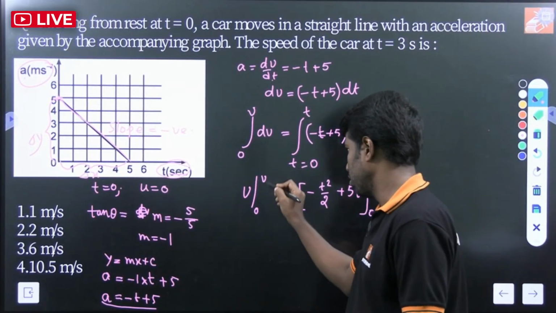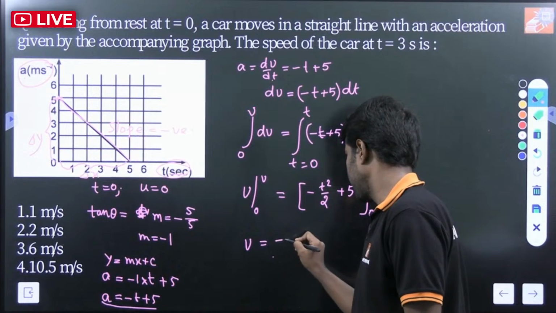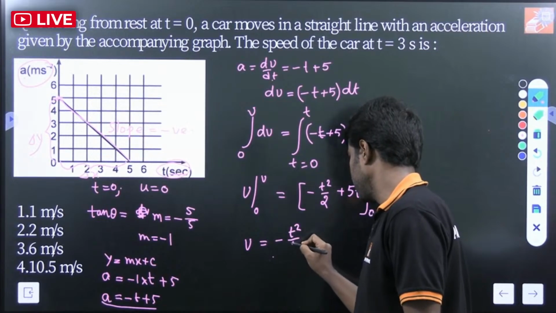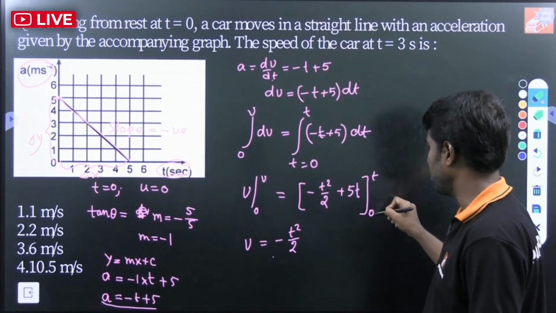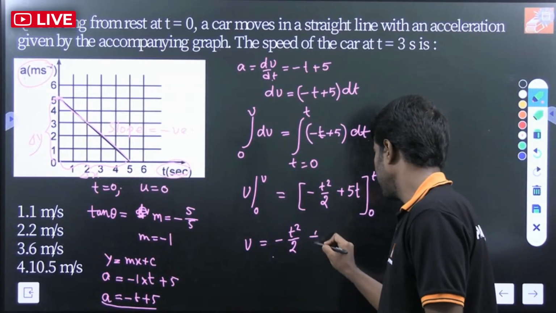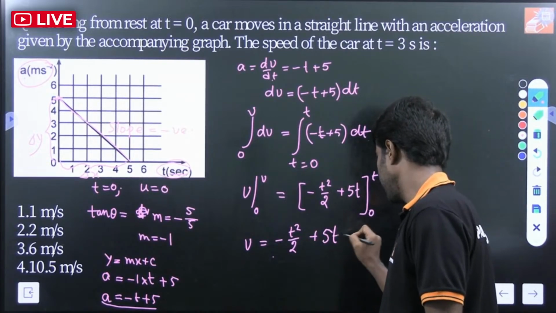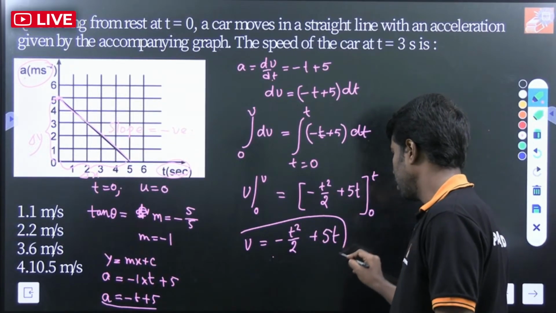So finally 0 to v means v minus 0 gives you v, that is equal to minus t square by 2. Again t and 0, the upper limit is t and the lower limit will be 0, then we just put the upper limit only, plus 5 t. So according to the question, this is the velocity as a function of time.